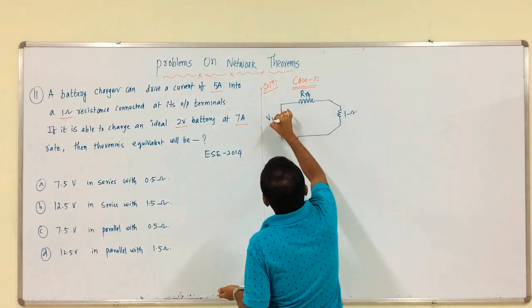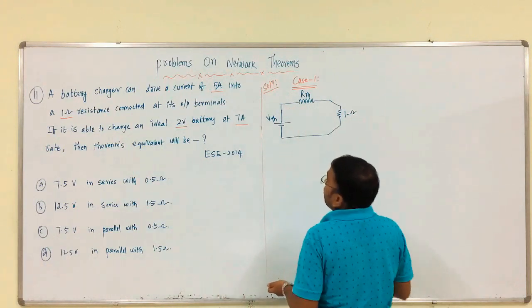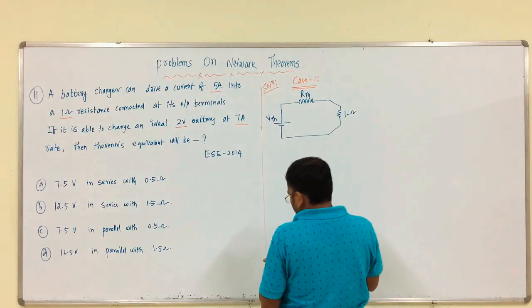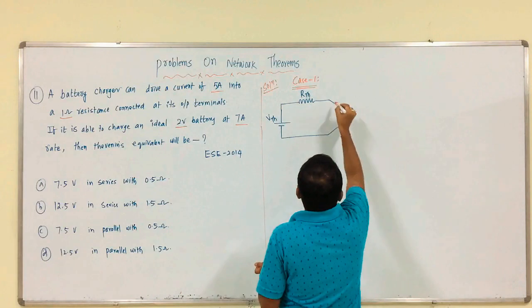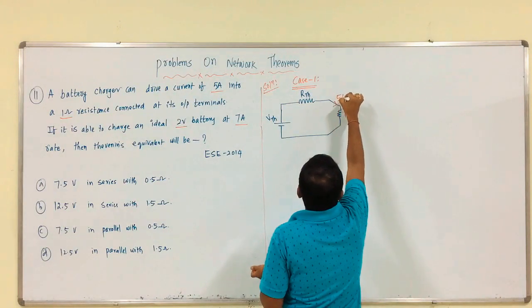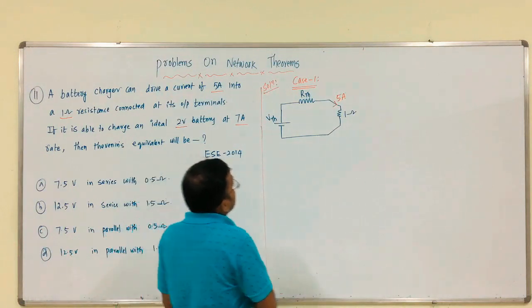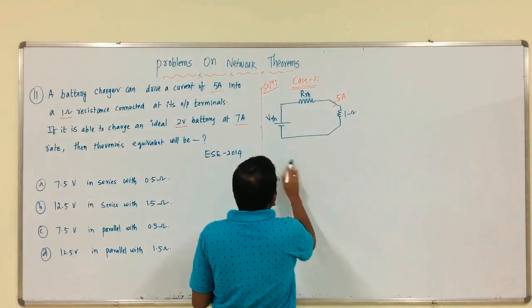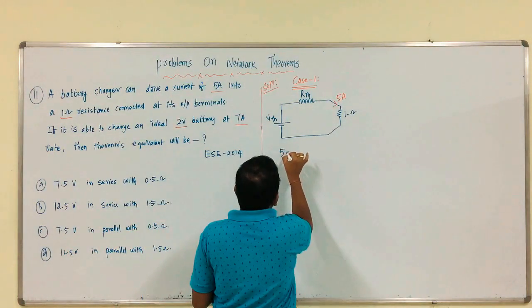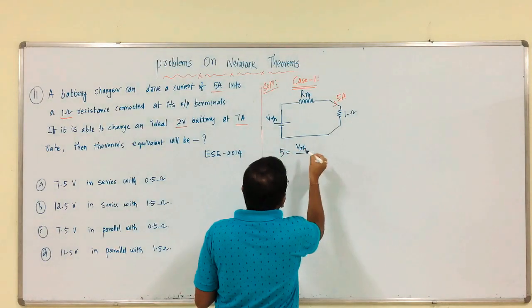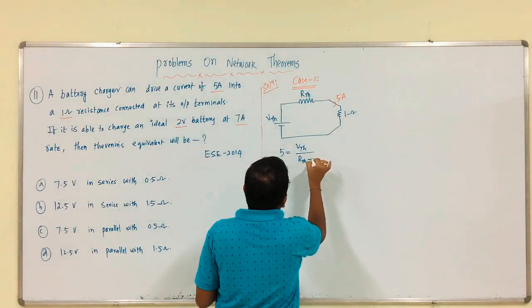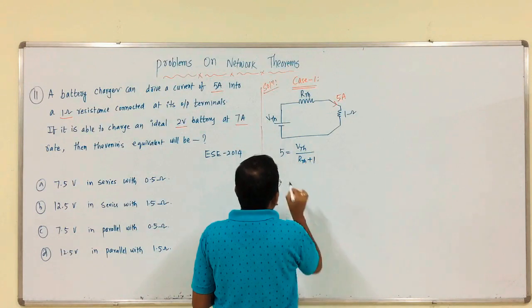This is the battery which is having VTH of voltage. The current through this is what? 5 amperes, right. From this we all know that I is equal to VTH by RTH plus 1, right.